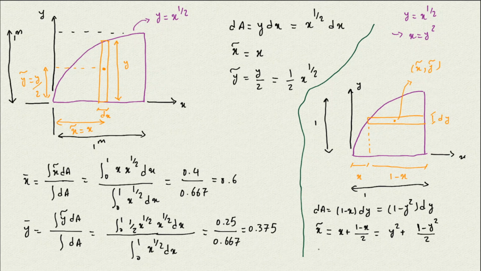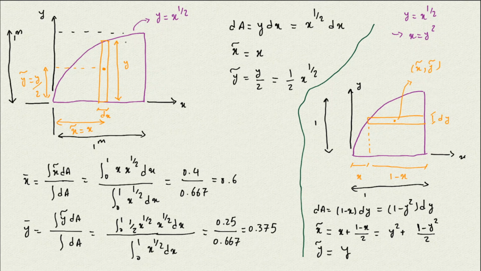And for the y direction, the location of the centroid is just y. If you substitute these three, dA and the centroids of the element, into the x bar and y bar equations, it will give us the very same answer.